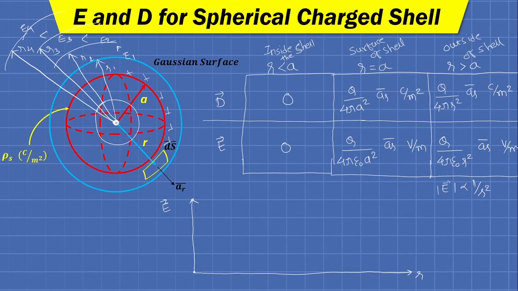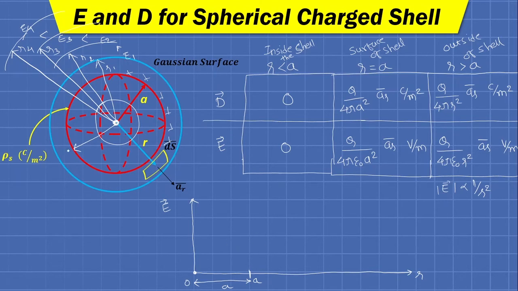So on the center of sphere, that is, if the distance is 0, the intensity is 0 because the charge enclosed is 0. If we move from center to the surface of sphere, so we are moving from center to the surface of sphere, this is nothing but a. Fine.